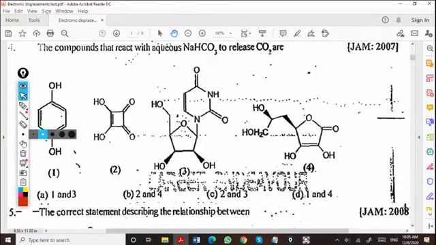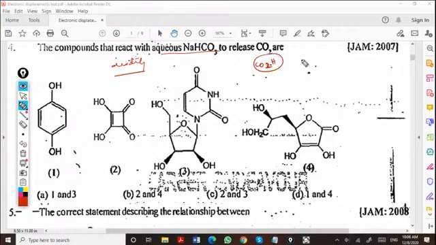Next, the compound which can react with aqueous sodium bicarbonate and release carbon dioxide. It is being asked for the acidity. Generally, carboxylic acids are more acidic, so they can react with bicarbonate.